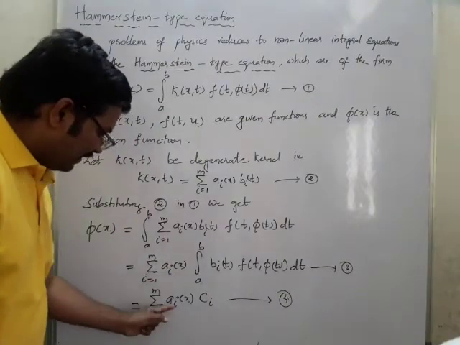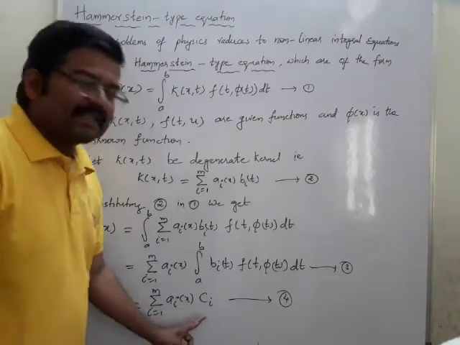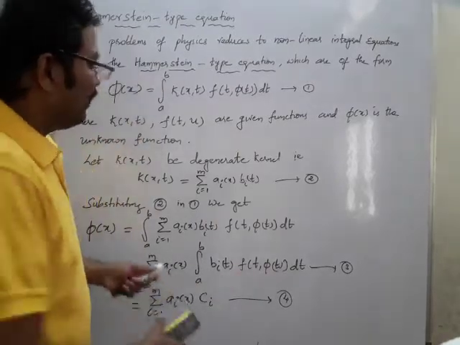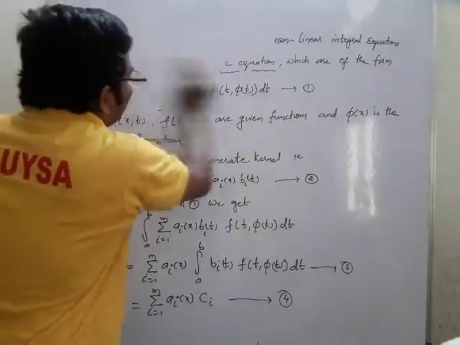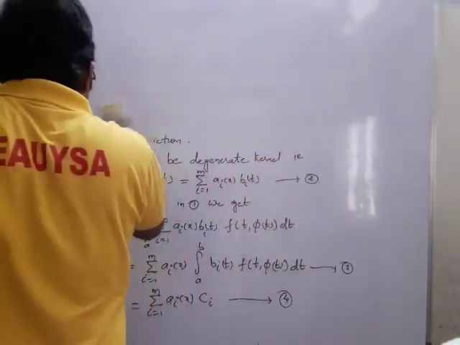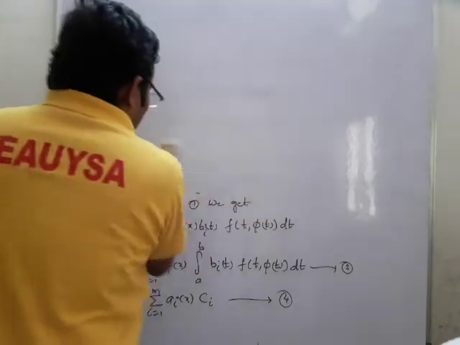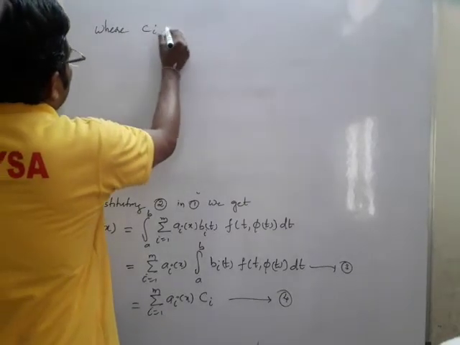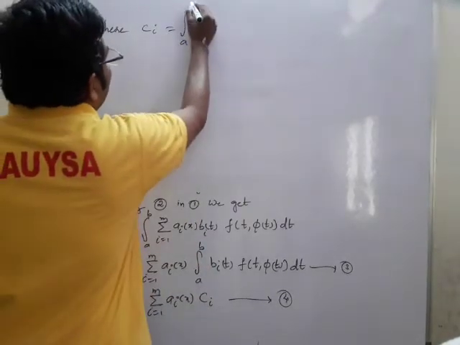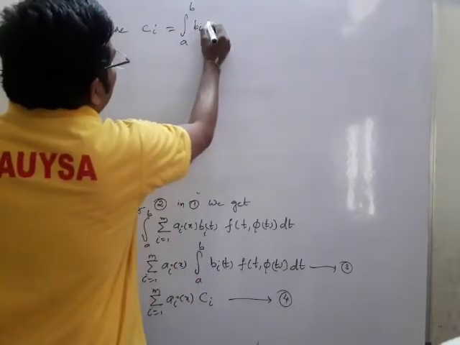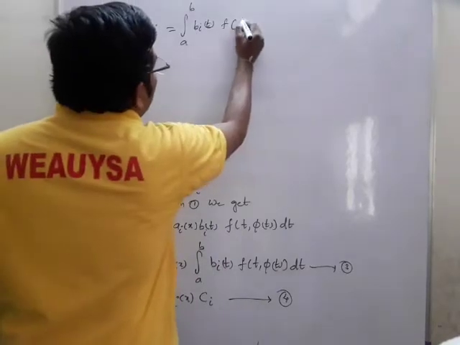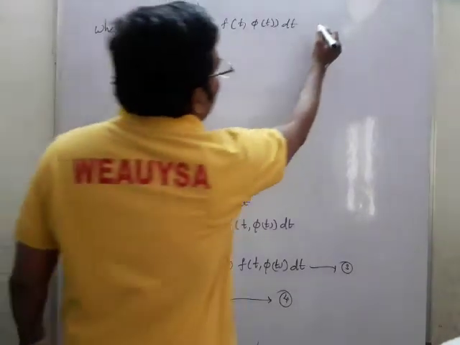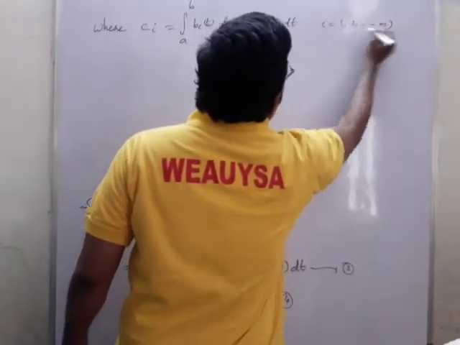The a_i of x is as it is, and this entire integral we take as some c_i. So c_i is equal to the integral a to b of b_i of t f of t comma phi of t dt, where i is equal to 1, 2 and so on up to m.